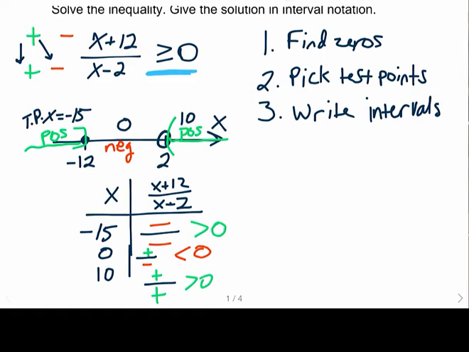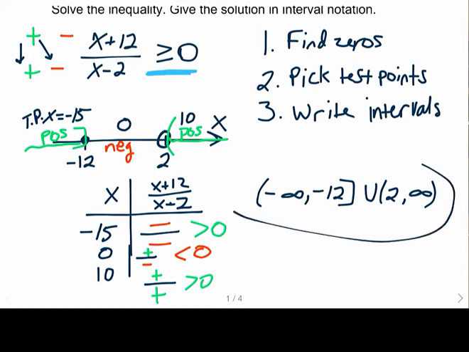So in interval notation, our answer is going to be negative infinity to negative 12 with a square bracket at negative 12, union 2 to infinity, because those numbers as inputs interplay in such a way that the expression is greater than or equal to 0. So that's the name of the game for what we're going to be looking at in this session.